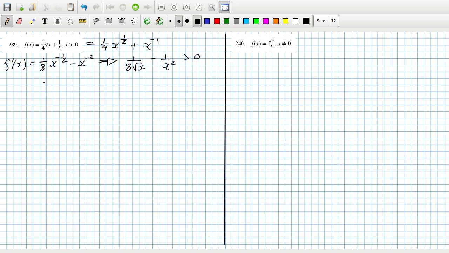When is that positive? That is, when is 1 over 8 root x more than 1 over x squared? That is when 8 root x is smaller than x squared. So that's when 8 is more than x power 1.5, 3 over 2.